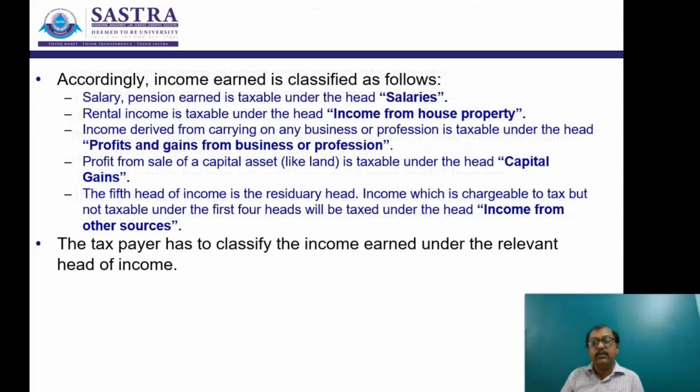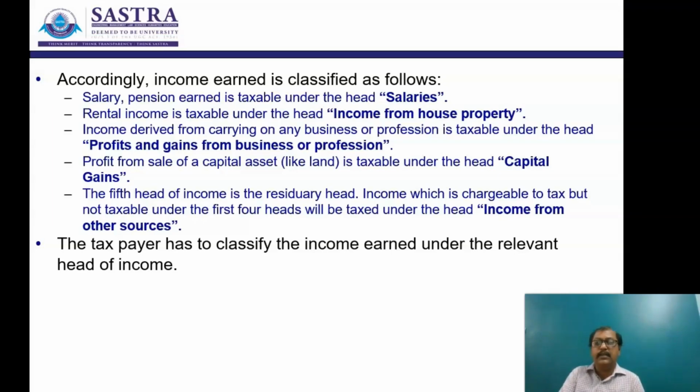This is what it is. Under the head of salaries, income from house property, profits or gains from business or profession, capital gains, and income chargeable under other sources of income. So an individual can have income from all these sources.